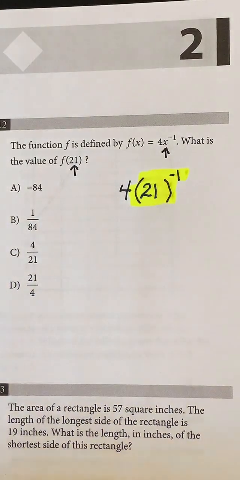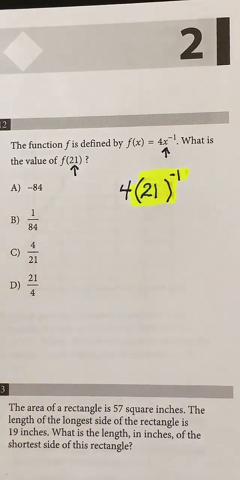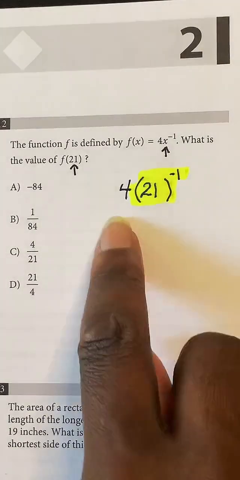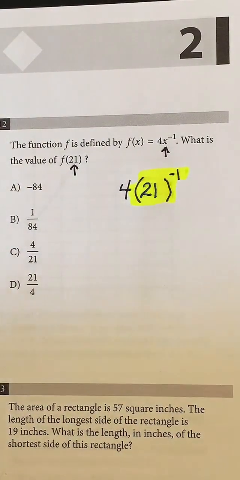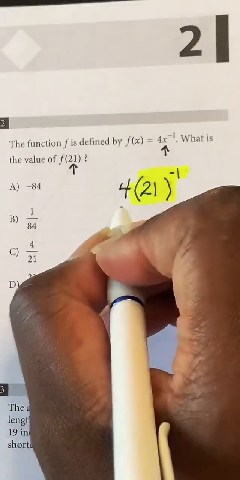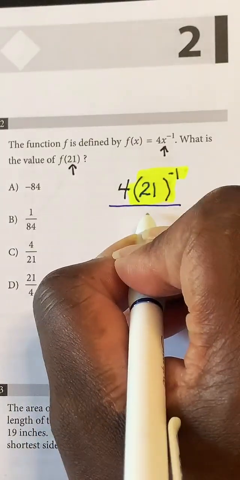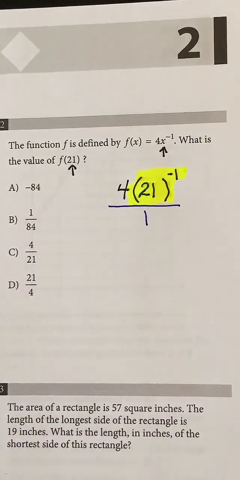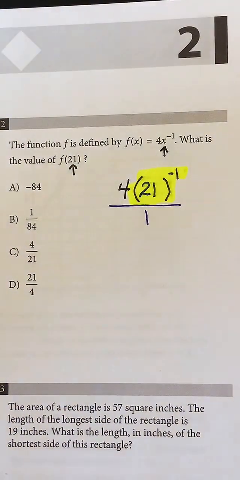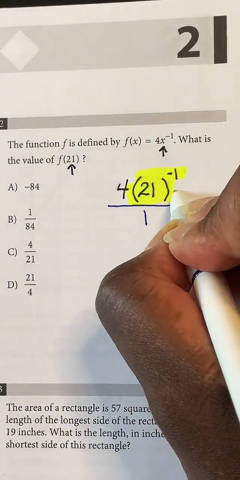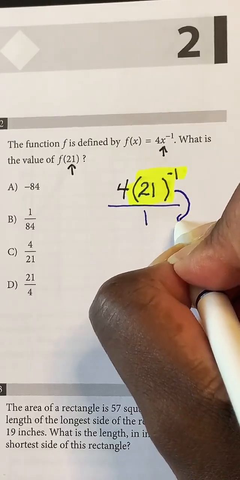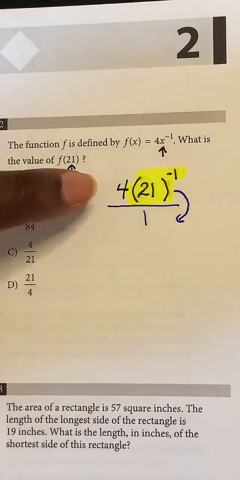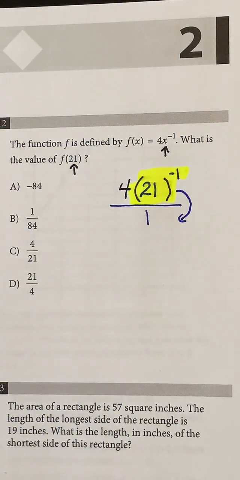You always have to flip it to make it positive. So right now, everything is technically above 1. Okay? So the only thing that's dropping to the denominator is this 21 raised to the negative first power. The 4 is staying right where it is.